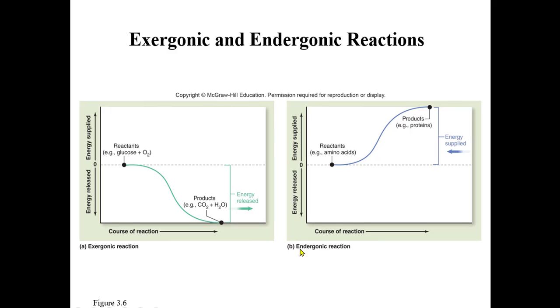Then endergonic over here is where reactants are less likely to turn into products because a lot more energy has to be supplied. That means it has to go in. So it's less likely, and this is usually going to be colder. So exergonic will release heat. Endergonic means more heat has to go in, so it's actually going to be colder. Okay, next.